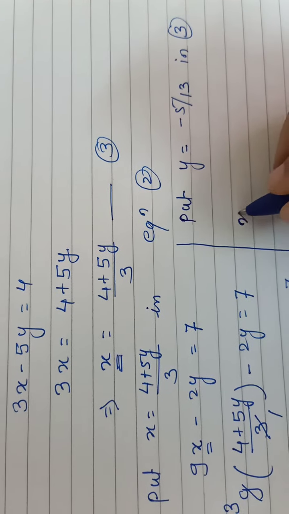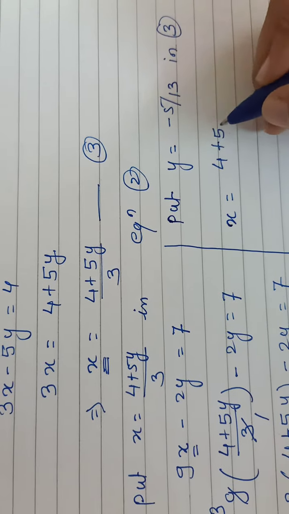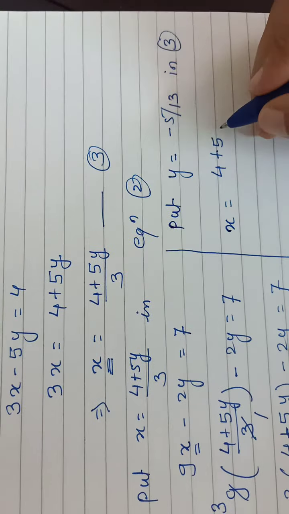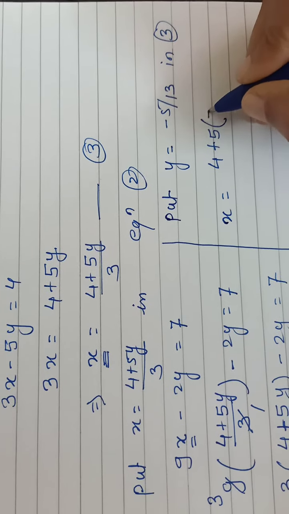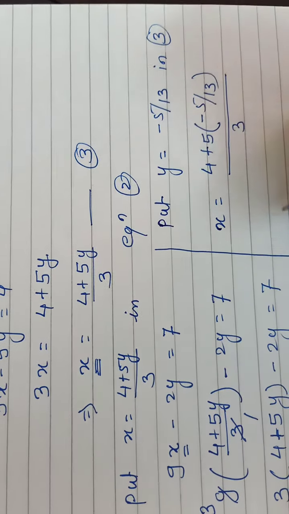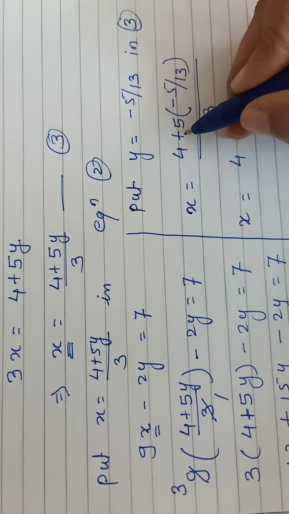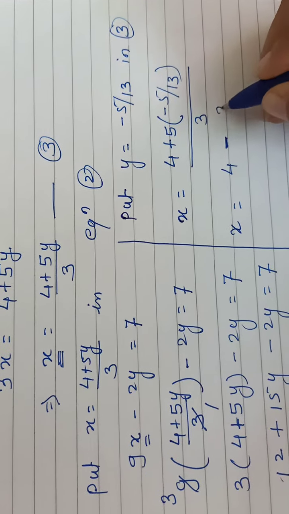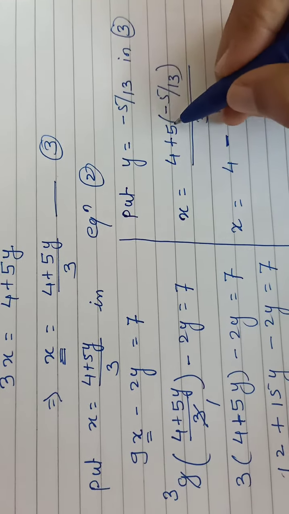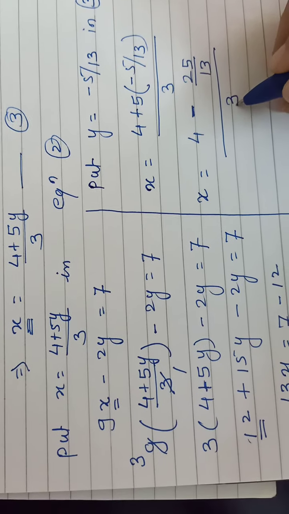So x is equal to 4 plus 5 in place of y. In place of y I will put the value, that is minus 5 by 13, upon 3, and then we will solve. x is equal to 4, plus into minus will become minus, 5 5s are 25, upon 13, and this whole upon 3.